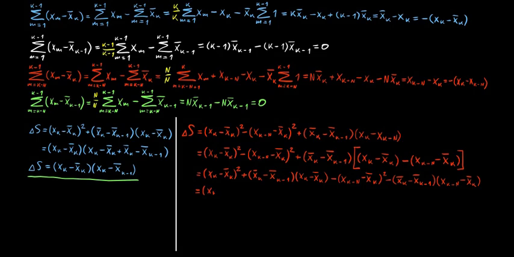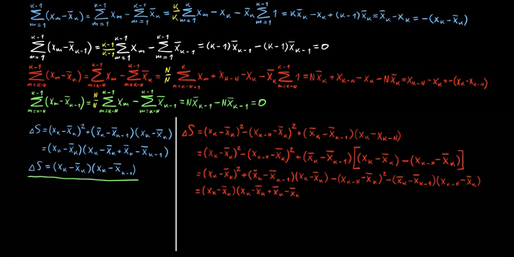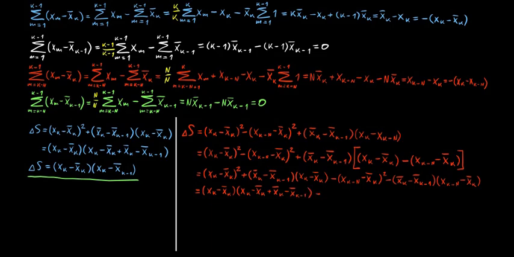The first part becomes the current measurement minus the current average multiplied by the current measurement minus the current average plus the current average minus the previous average. The second part becomes the oldest measurement minus the current average multiplied by the oldest measurement minus the current average plus the current average minus the previous average.